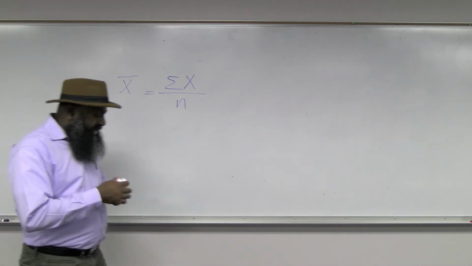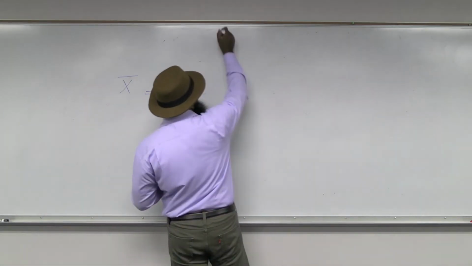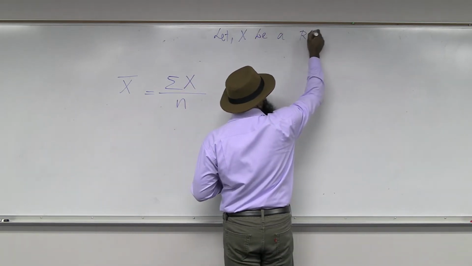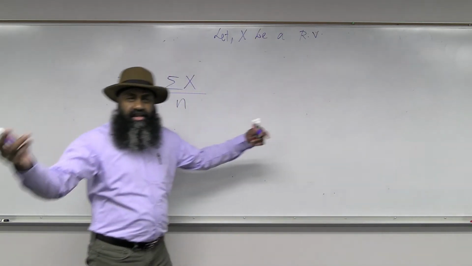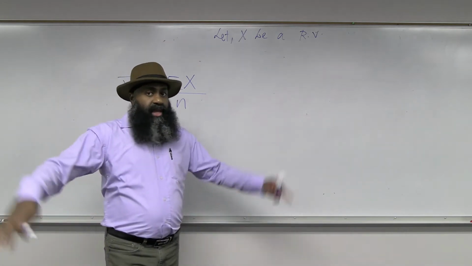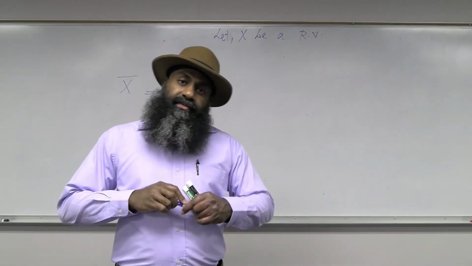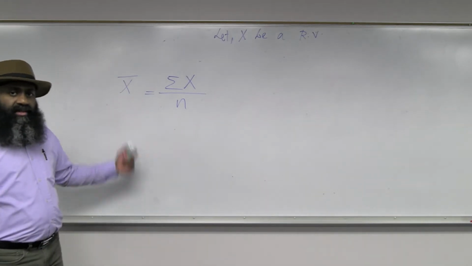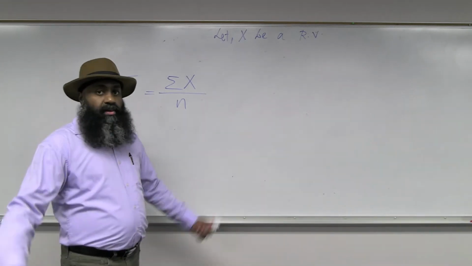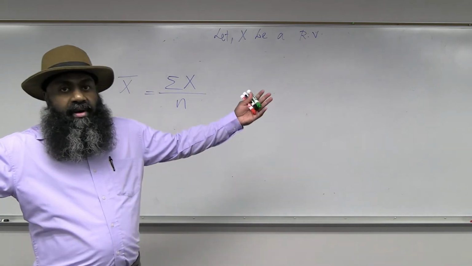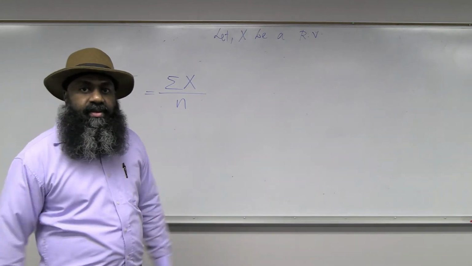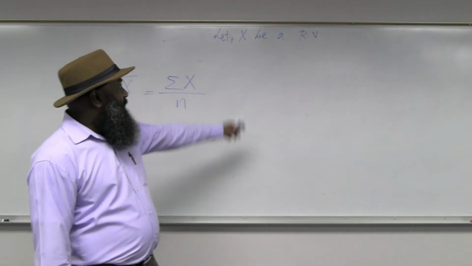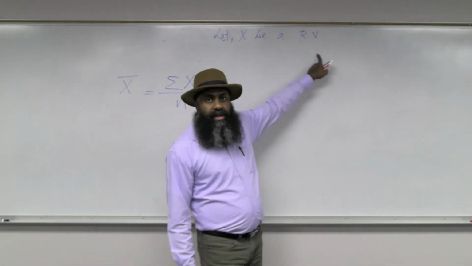So I will define these things first. I will let x be a random variable. Now this random variable could be temperature, wind speed, air pressure, blood pressure, anything as such. Tensile strength of something, aluminum alloys, the thermal conductivity of copper, or electrical conductivity of some material, and so on. So that variable is labeled as x.